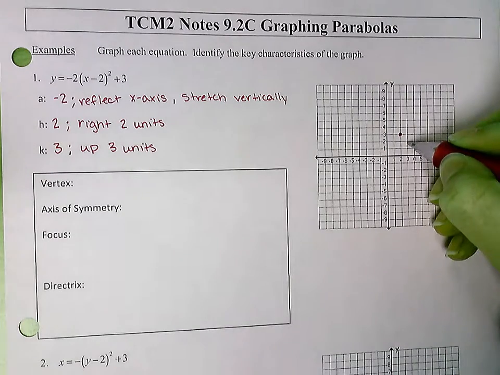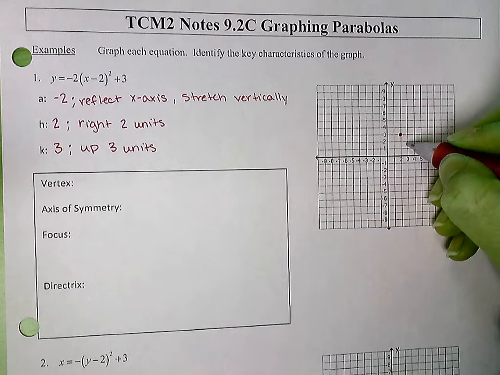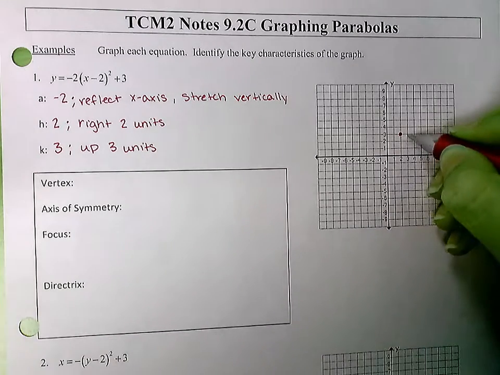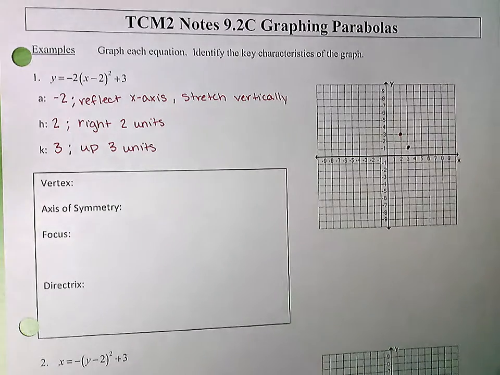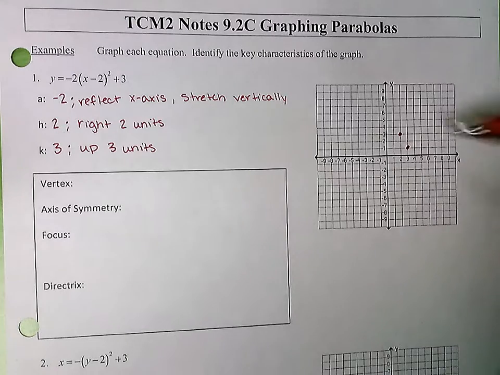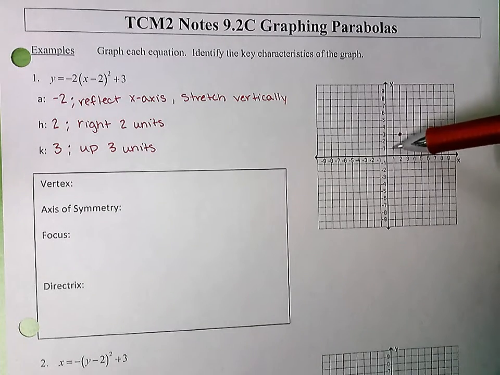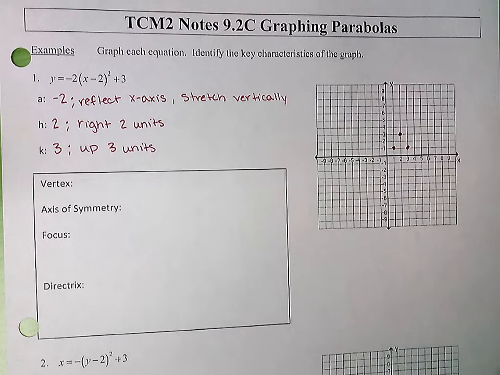But since we're having that stretch of 2, we need to multiply that down section by 2. So instead of going right 1, down 1, we'll go down 2 to make our new point. And then same thing to the left. You'll go left 1, down 2, since it's a parabola.